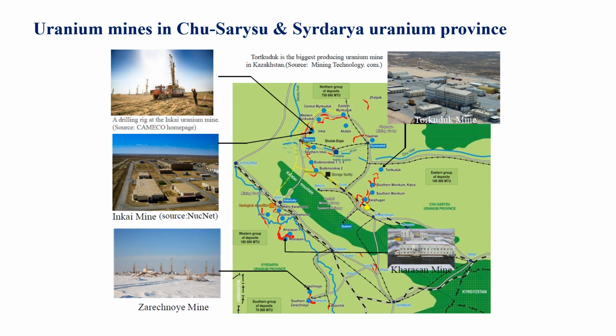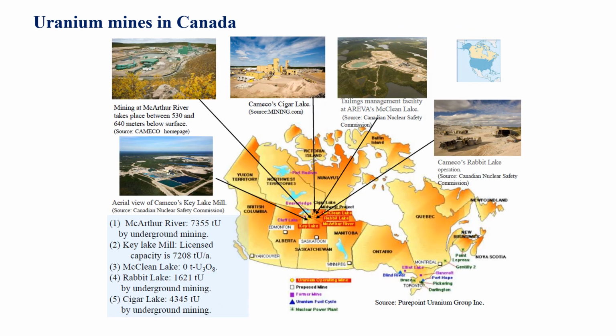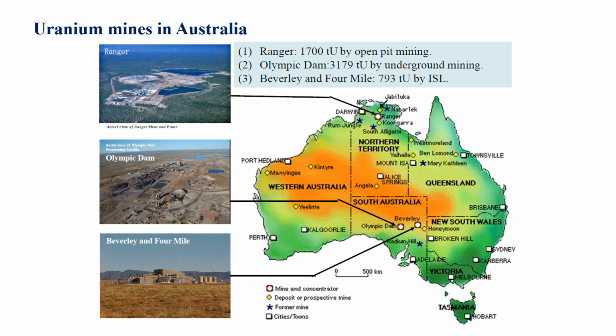So Kazakhstan is really a uranium mining province, as you can see. We also have uranium mines in Canada, mining at the MacArthur River in the Kamikos Cigar Lake. We also have uranium mines in Australia, the largest source of your uraniums around the world.